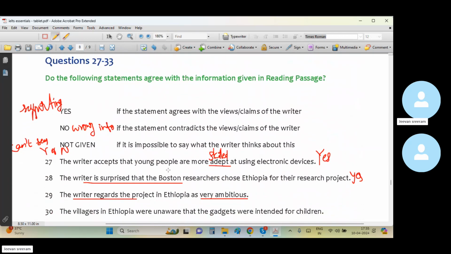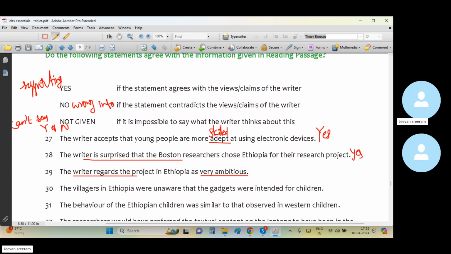Let's get back to the statement first. The writer regards the project as ambitious. Yes, that might be. As per the writer, the project might be ambitious. Let's search for it.